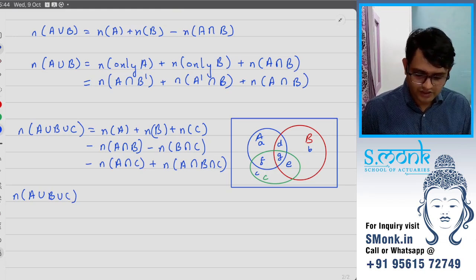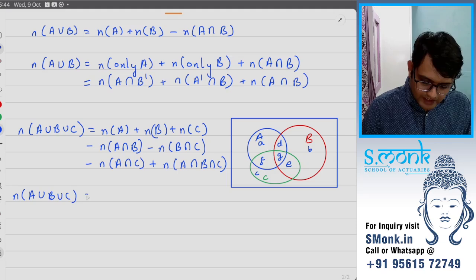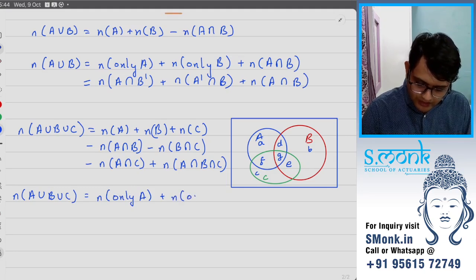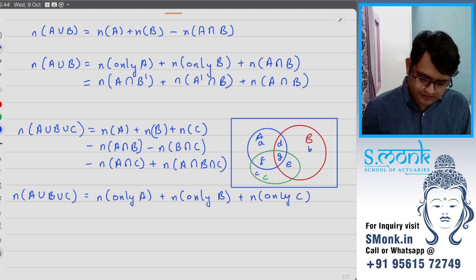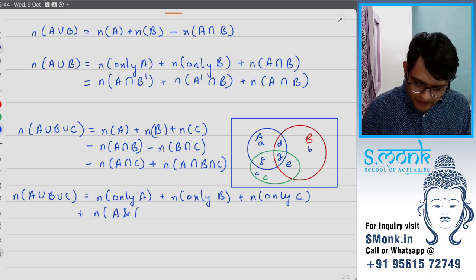Right. So this small a is nothing but only A. So I'll add up only A, only B, only C. Then I'll add up A and B but not C. Instead of writing not C, I'll write C complement.